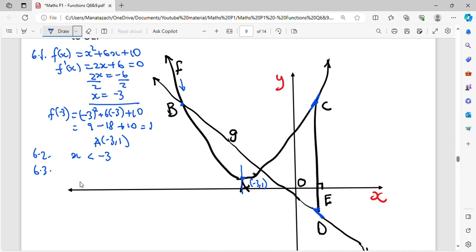So let's get the difference: f of x minus g of x is equal to CD, which is 36. f of x is x squared plus 6x plus 10, g of x we've been given as minus 3x minus 4, is equal to 36.